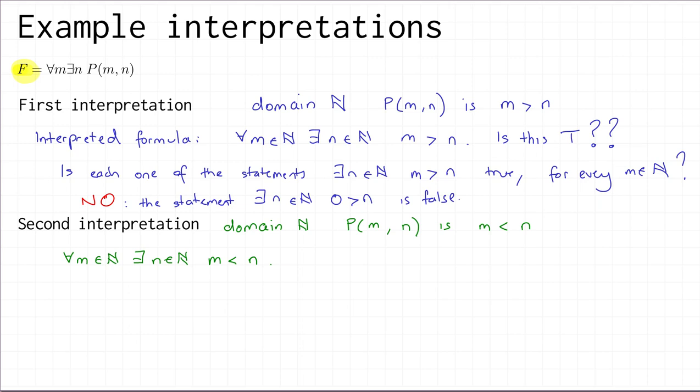So again, we want to decide whether or not this is true. Because this is an interpreted statement that begins with a for all statement, what we're trying to figure out is, let's put it this way, are all of the statements "there exists n in N such that m is less than n", so n is bigger than m.